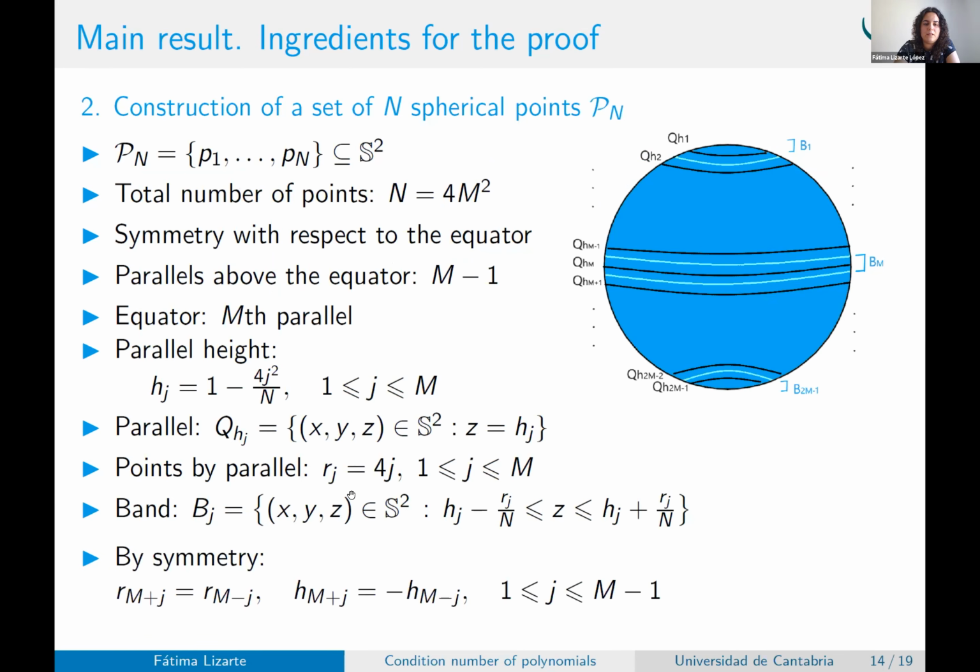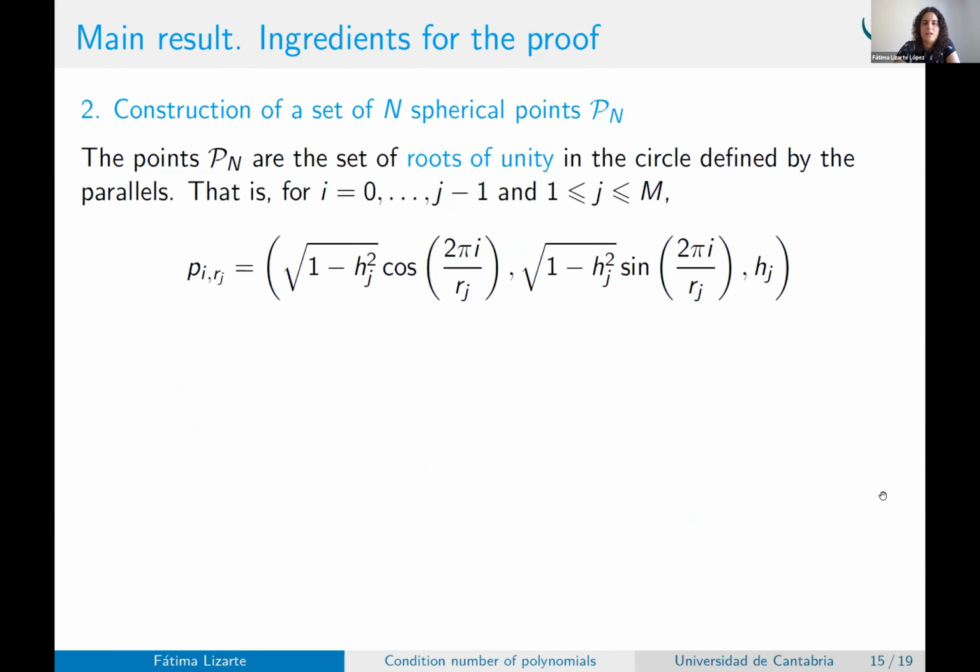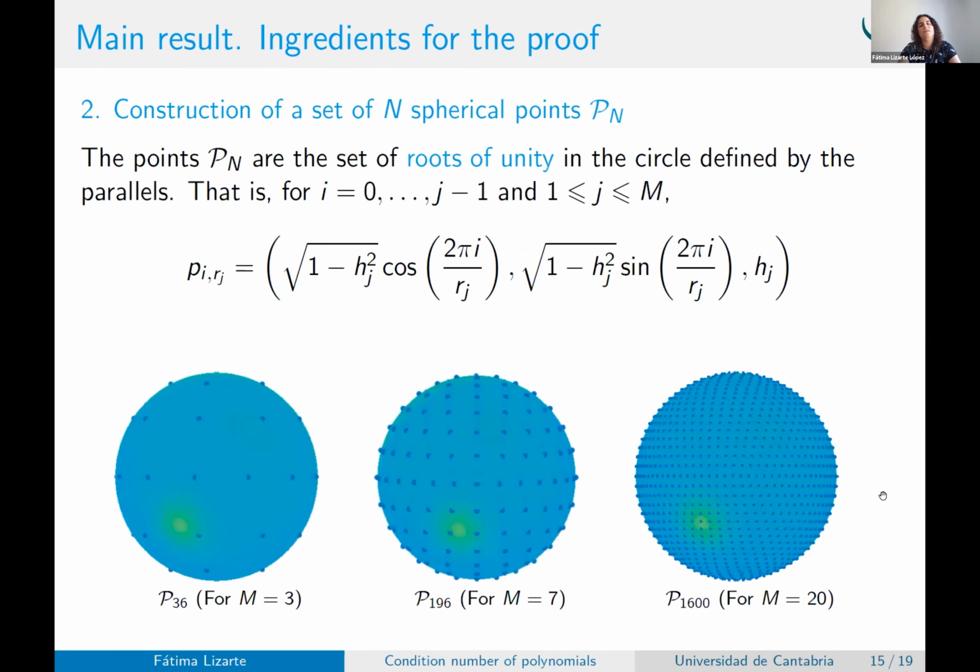Finally, by symmetry, it satisfies these two equalities. Here we show a graphical description of our set of spherical points for different values of N. So for N equal 3, we have 36 points with this configuration. The other examples are for N equal 7 and N equal 20.